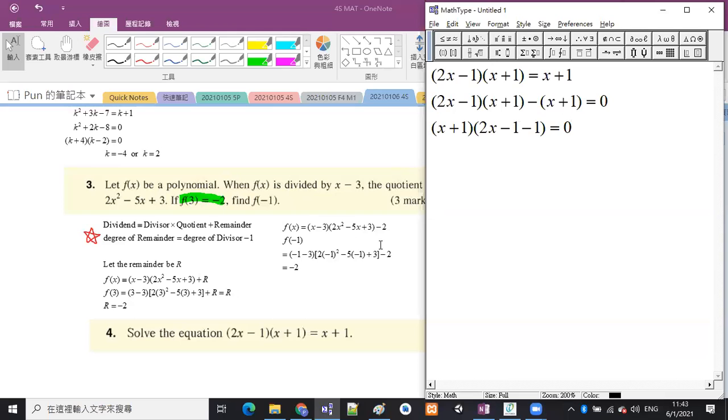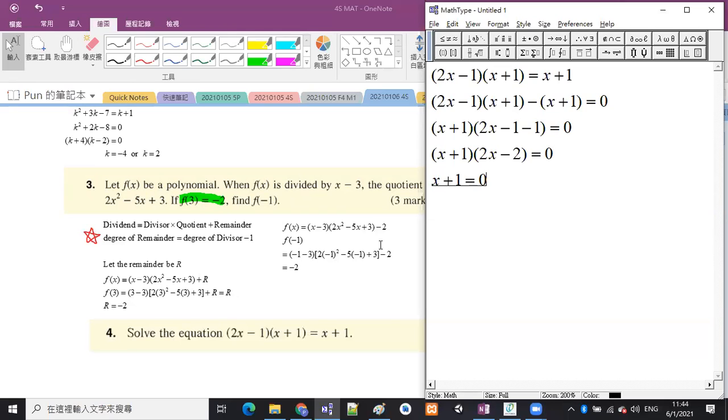咁點解要咁樣做呢？做咗出嚟之後，我哋係變咗兩個括號相乘等於零。咁我哋就可以話第一個括號等於零，或第二個括號等於零。OK，咁我哋先化簡少少先啦。It is x plus 1 times 2x minus 2 is equal to 0.